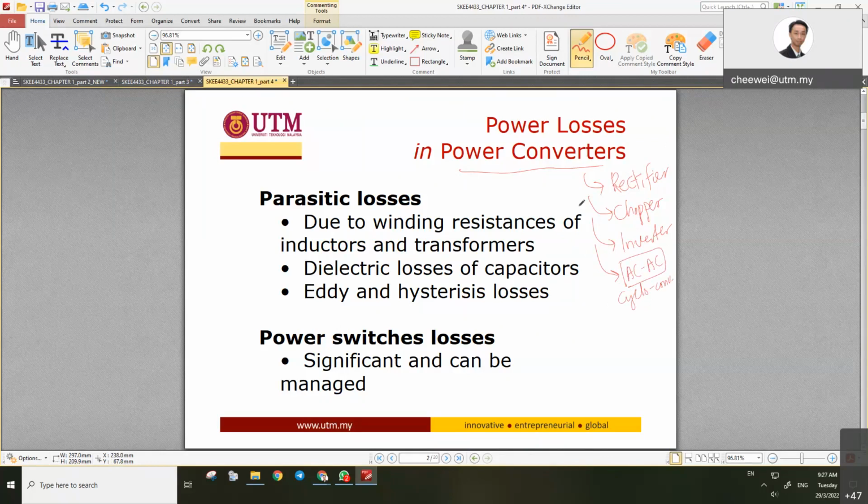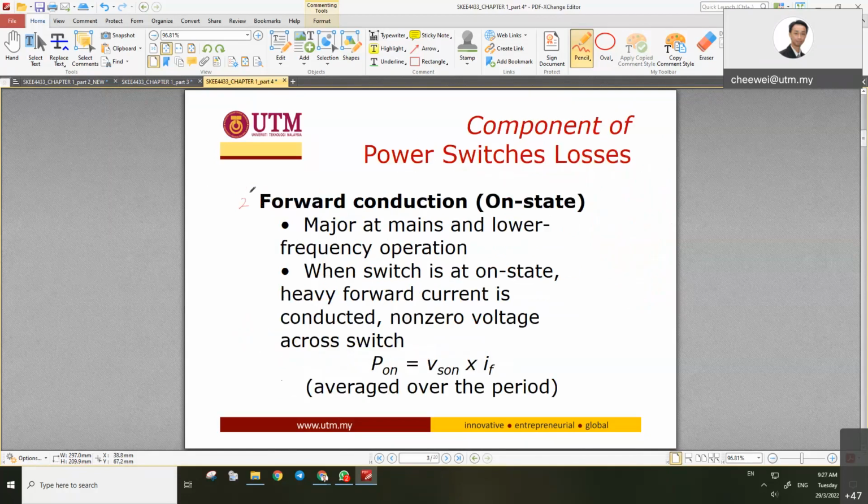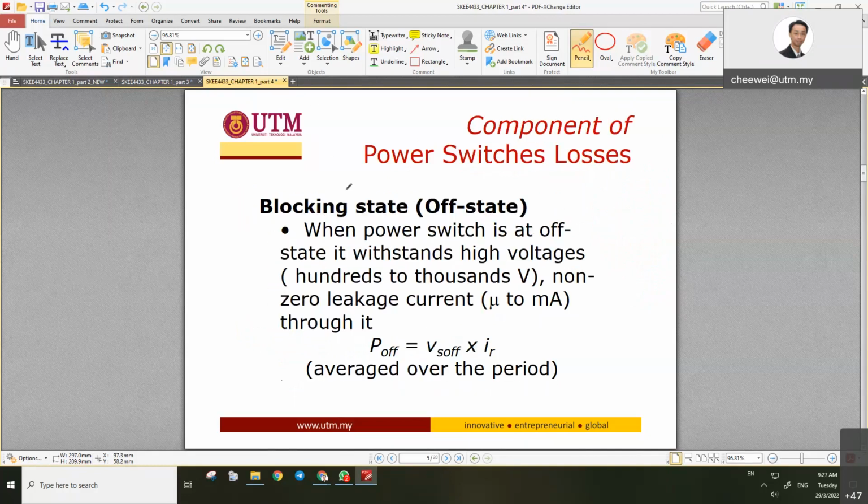Of course, losses happen in all the converters. What are the losses? Parasitic losses. Power switches losses. Any more? Forward conduction, number 3. Any more?